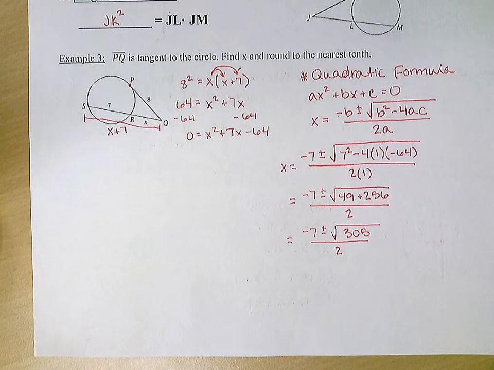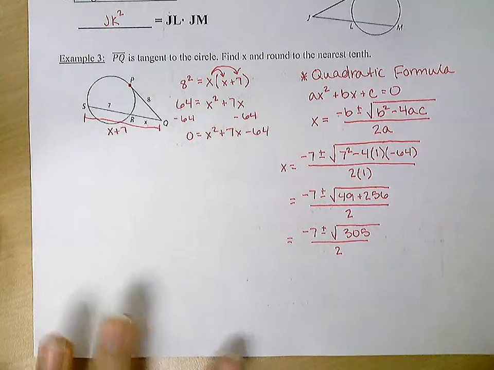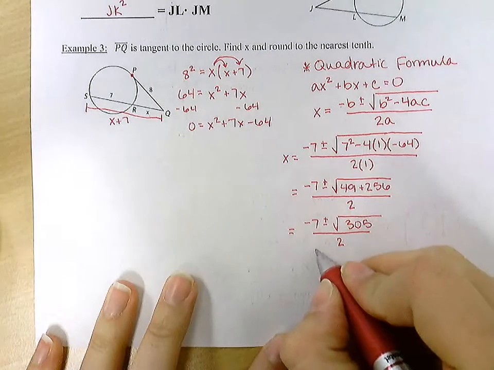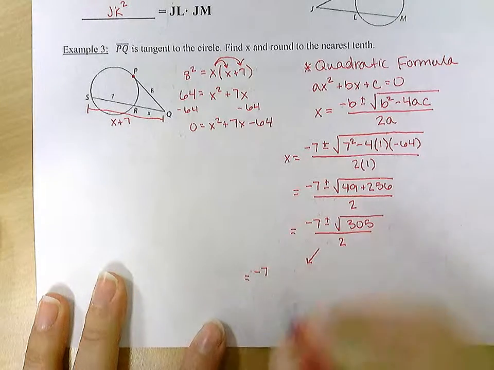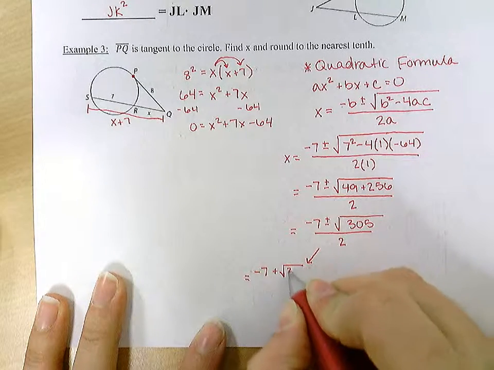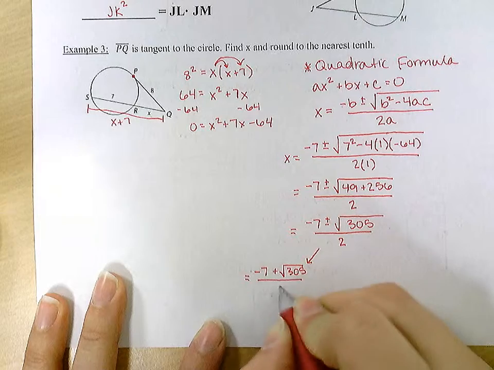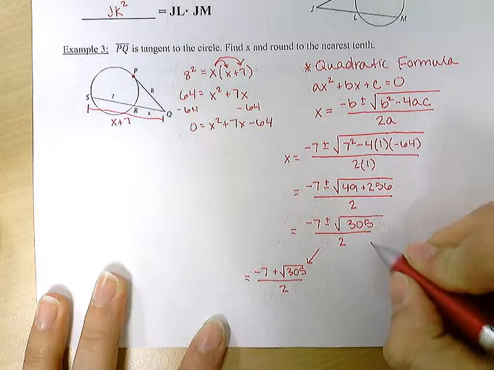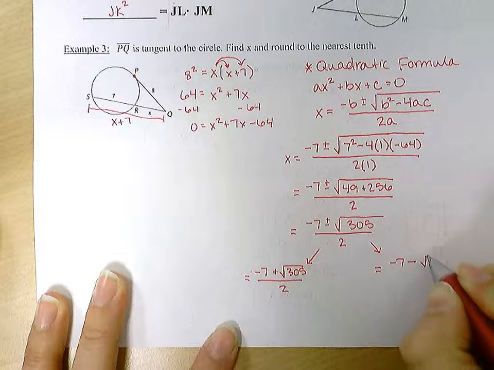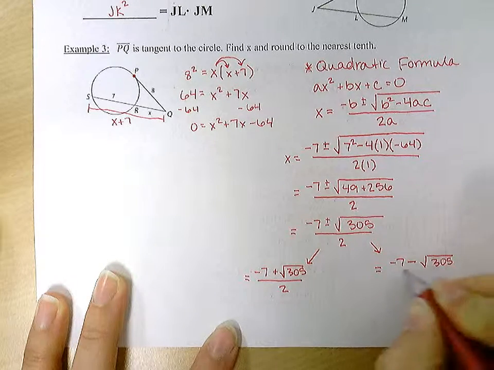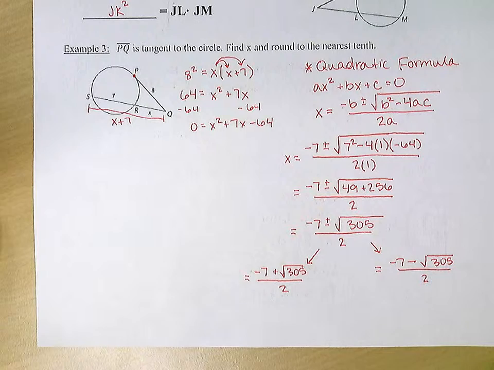Now that plus and minus means you get 2 answers, just like we got 2 answers when we factored. Okay, so with a quadratic, you should always get 2 answers. So that means I need to take negative 7 plus the square root of 305 all over 2, and negative 7 minus the square root of 305 over 2.